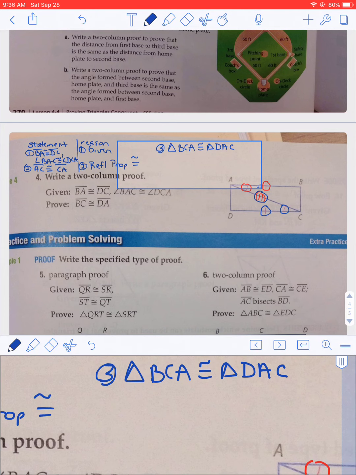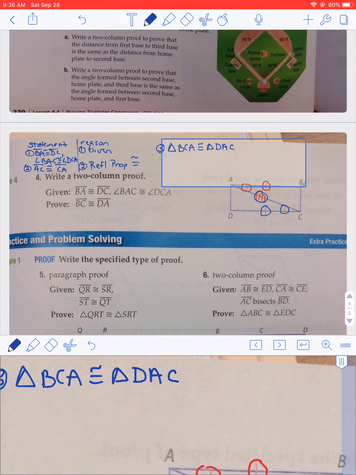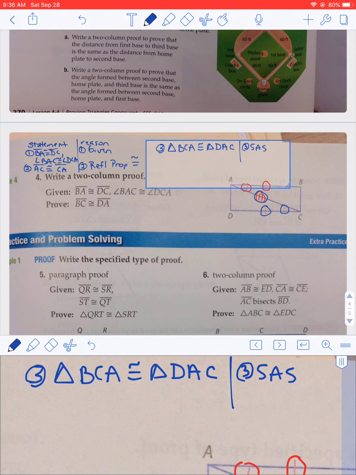And so our reasoning for this is going to be SAS. So I'm going to write that over here. And that's all I got to write. We've proven those two triangles are congruent. And now that we've proven those two triangles are congruent, we can pick and choose any sides, any angles we need.